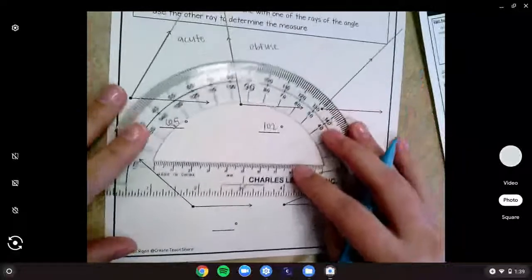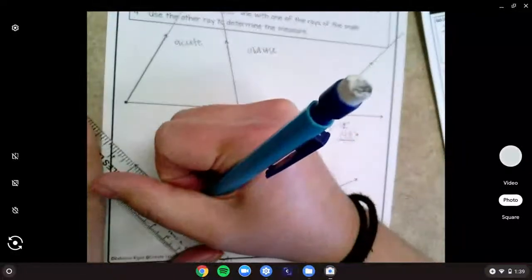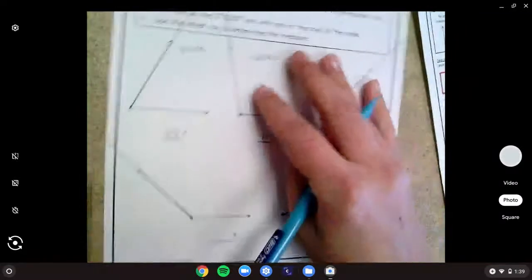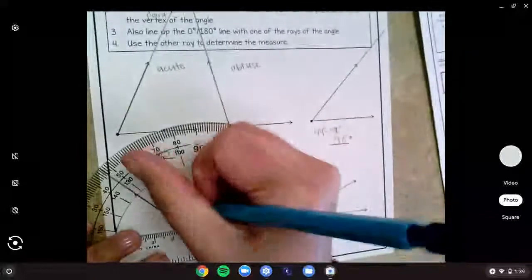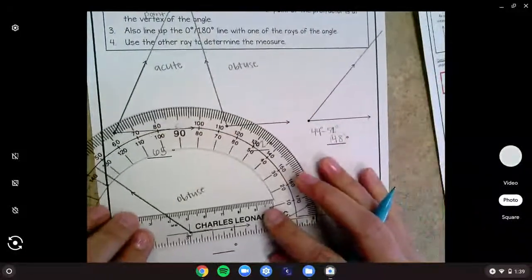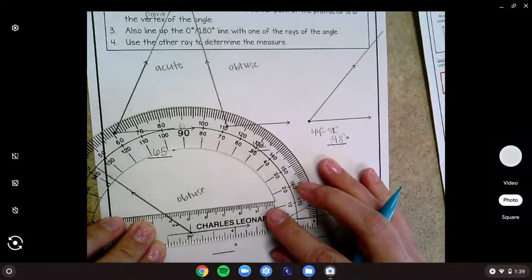All right, for down here, we measure this guy. We know that this is an obtuse angle, so it's going to be greater than 90, so we want the bigger numbers. Line it up.